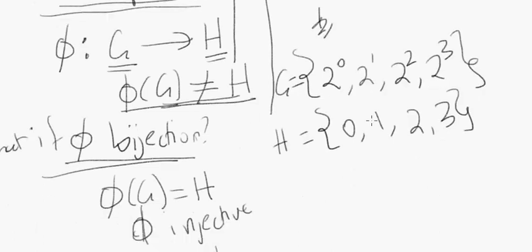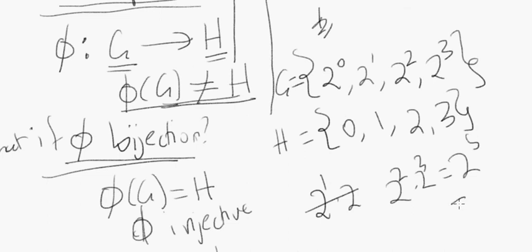Because even if you multiply two elements, like 2 to the 1 times 2 to the 2, as we saw before, or let's say 2 to the 2 times 2 to the 3, as we saw before, those are elements of G. This is the same as 2 to the 5, which is really the same as 2 to the 1, because we're taking 5 mod 4. But that looks very similar to just working mod 4. It seems like this whole group is just working with the powers here.